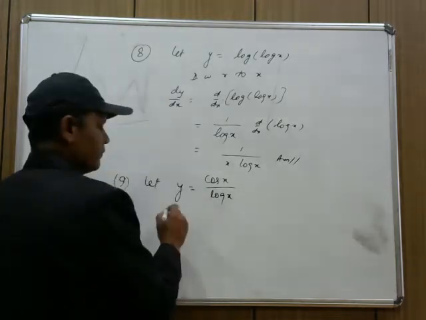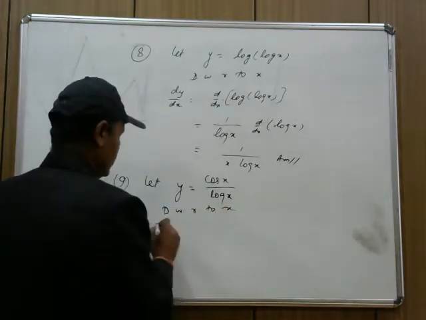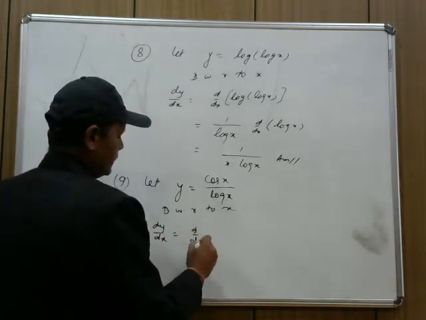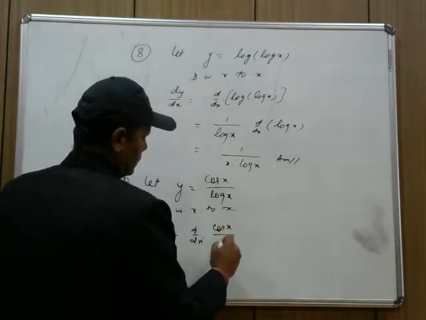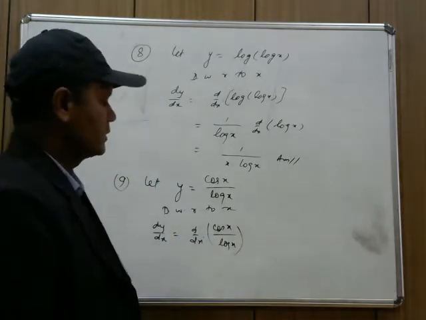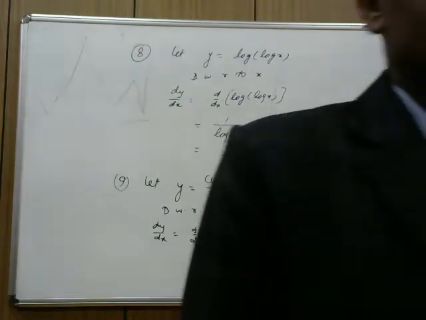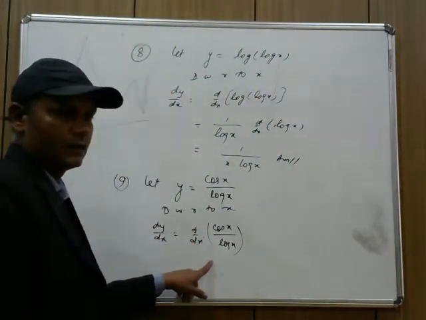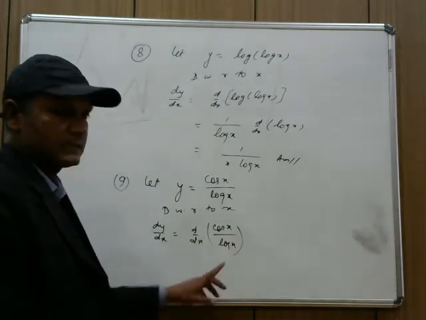Now differentiating with respect to x, we get dy by dx is equal to d by dx of cos x upon log x. Now here there are two functions, cos x and log x. That's why we'll apply the quotient rule. Cos x upon log x, first function and the second function.